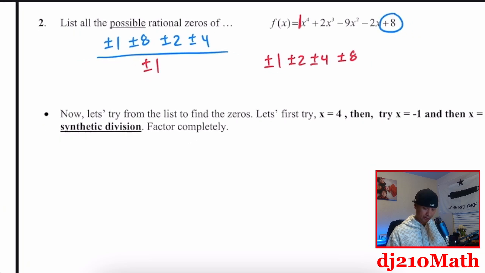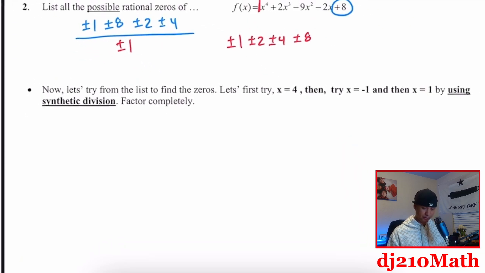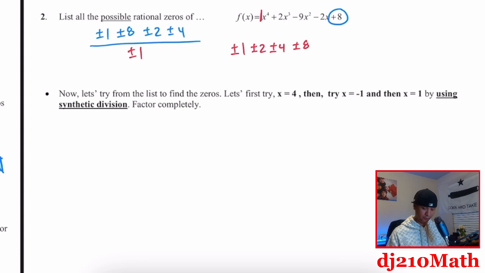Okay. Here they're telling us to do what we just did using 4, then -1, and then 1. All right, so let's just follow their lead. Me, typically, I like to start with 1. That's just out of habit, but they want us to do another one. So let's just see. We're going to start with 4 because that's what they told us.